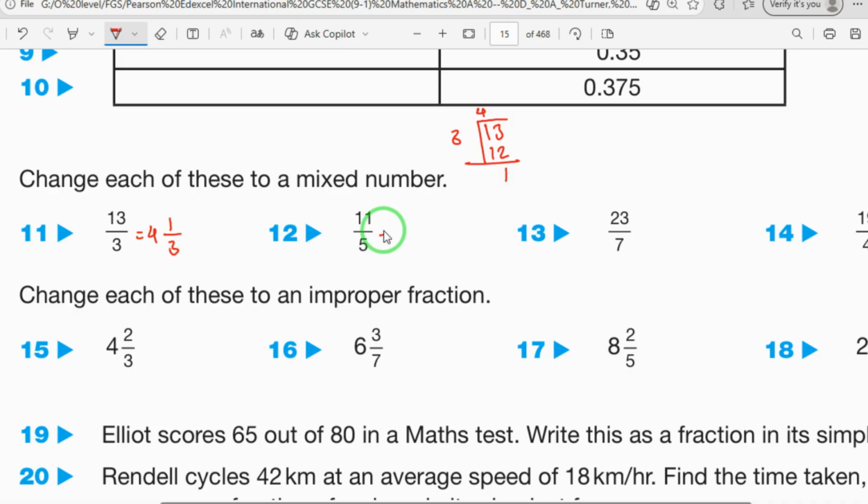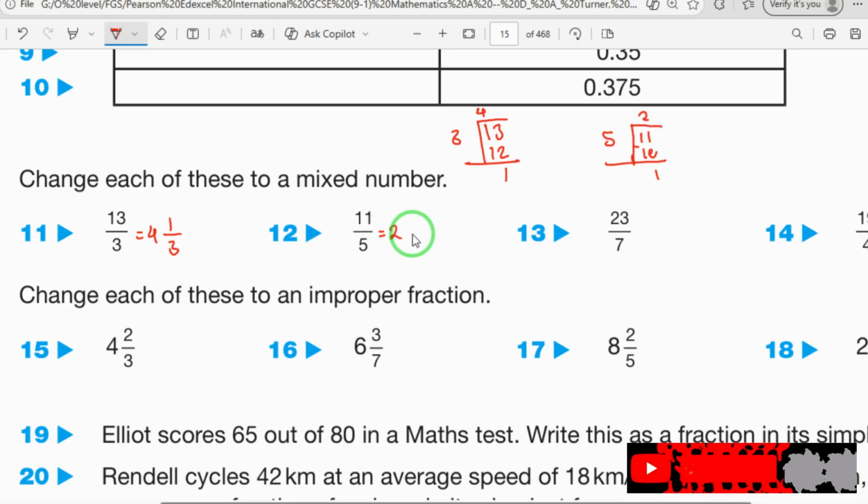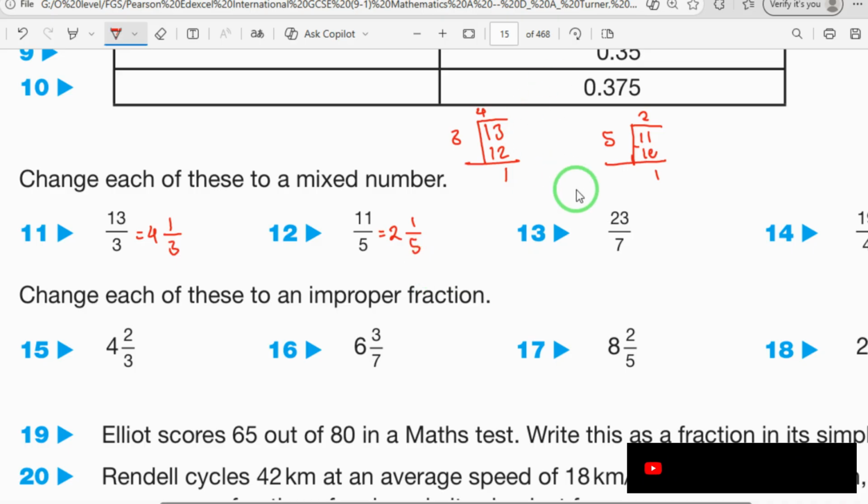The same way, we want to convert 11 over 5. We divide 11 by 5. Here we have 2 times 5 is 10. We subtract and only 1 remains. Now we write 2 as a whole number, and we have 1 over 5. It is changed to a mixed number.